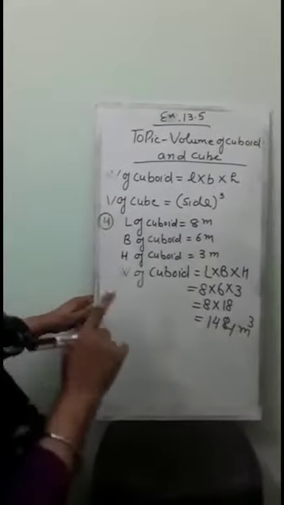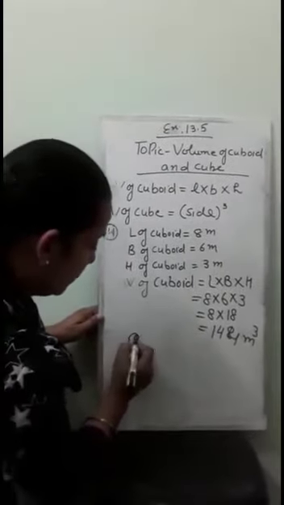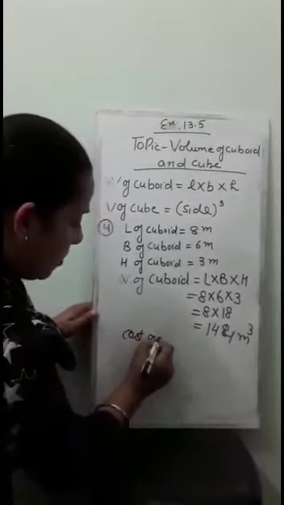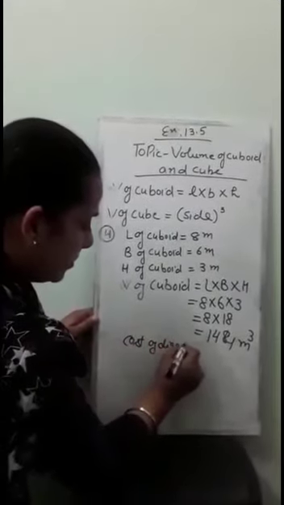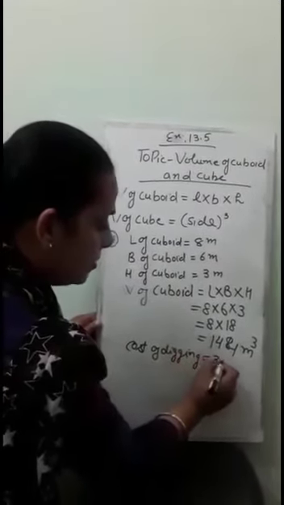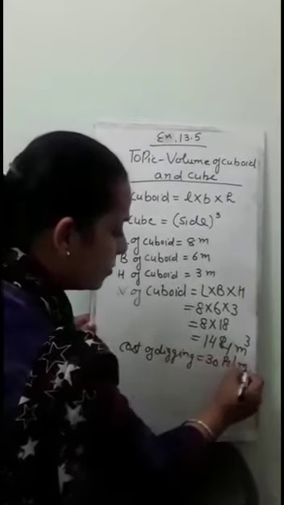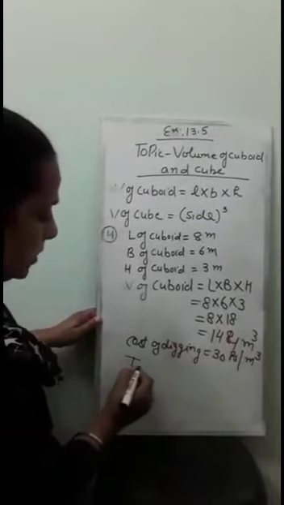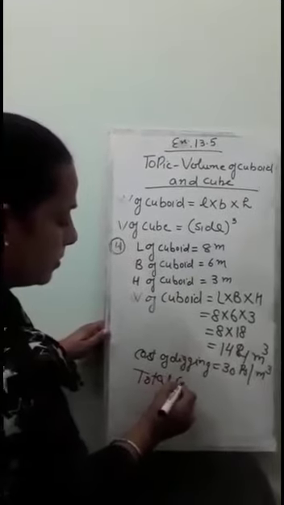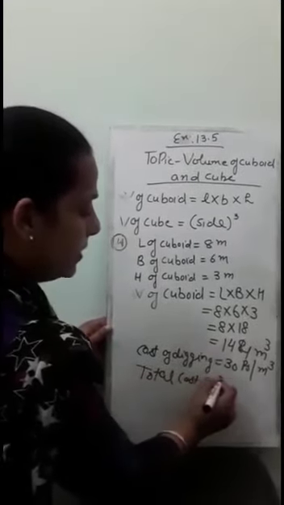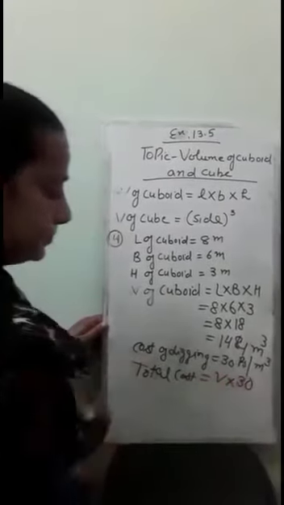Is it clear? Now the cost of digging is 30 rupees per meter cube. Total cost is volume multiplied by 30.